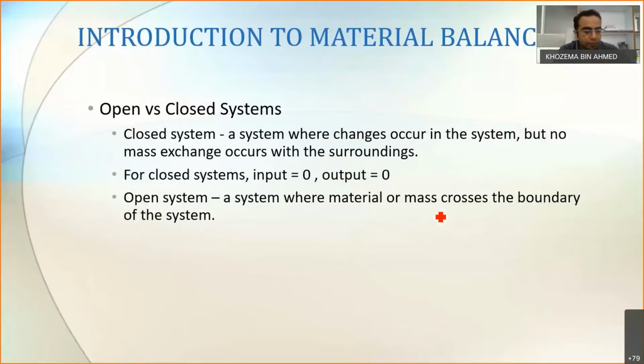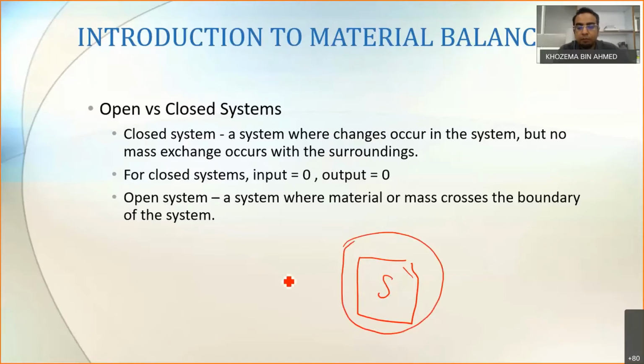For example, let's say if I just draw a square here and I say this is my system, then everything around it is called my surrounding. If I have a closed system, everything that is happening is happening inside the system. Nothing is occurring within the surrounding.